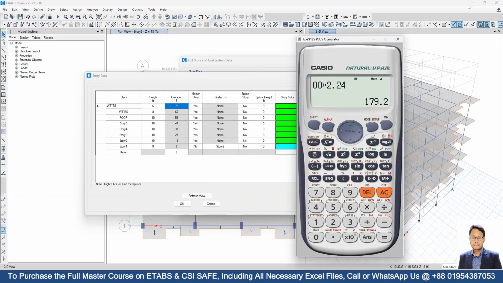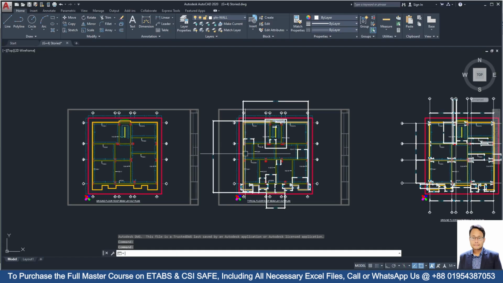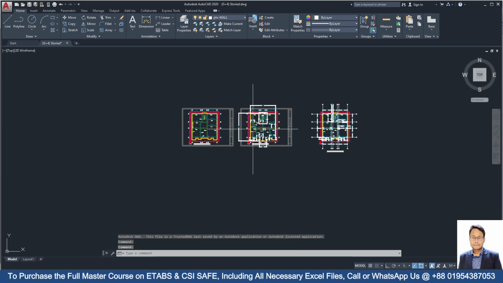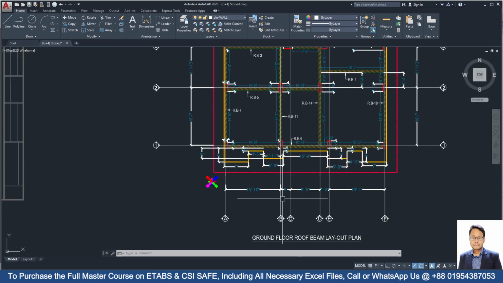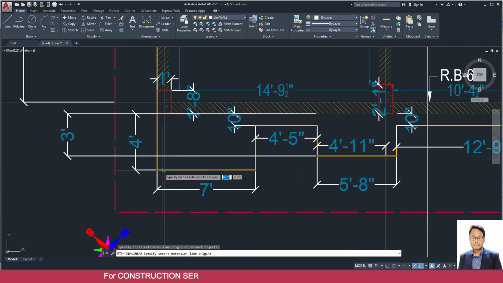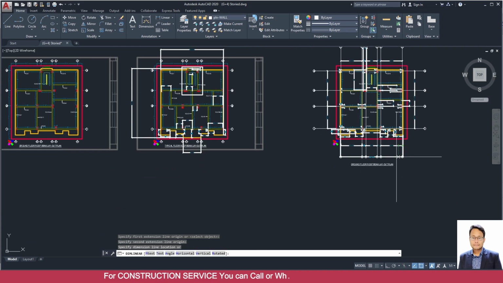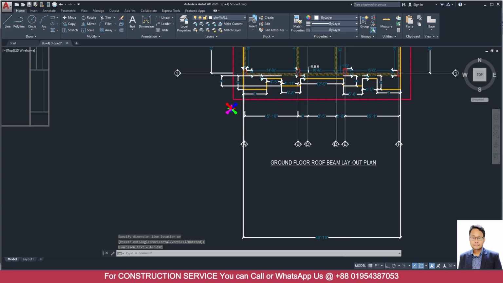So, for our structure, we have to open the CAD file. Here, suppose wind is passing through x direction. So, what will be the value of L? The value of L should be this one, which is parallel to x direction, 46 feet 10 inches, right?